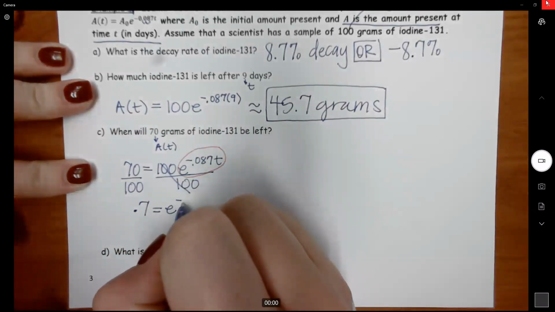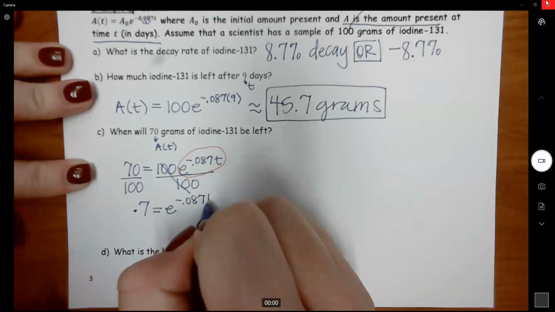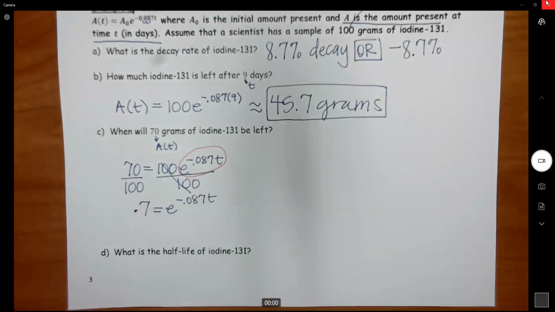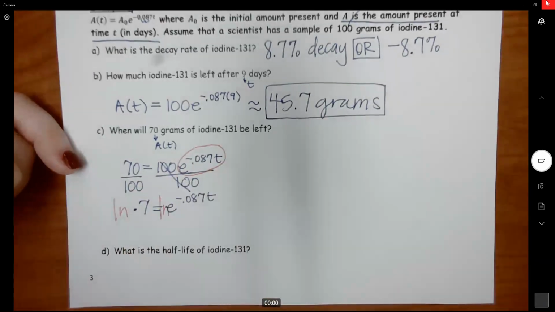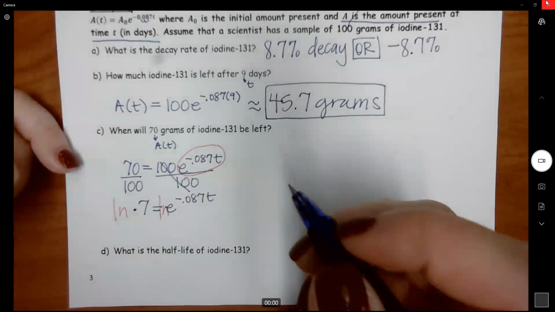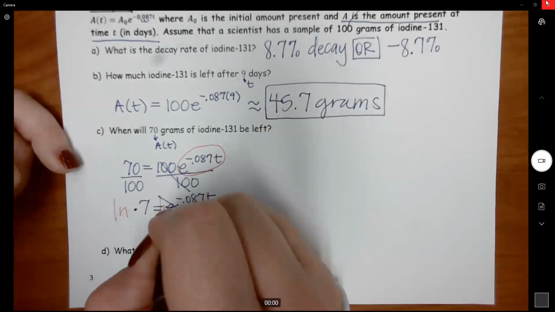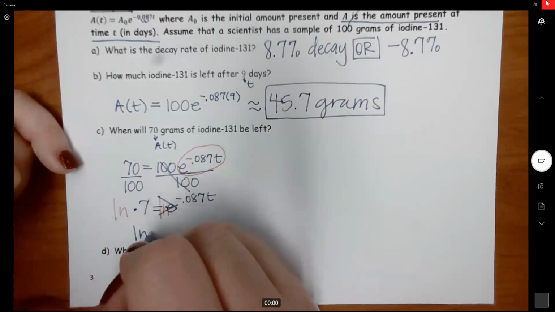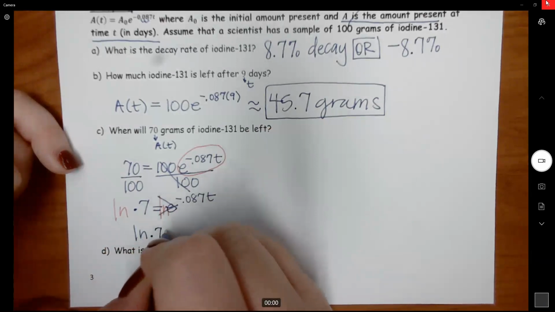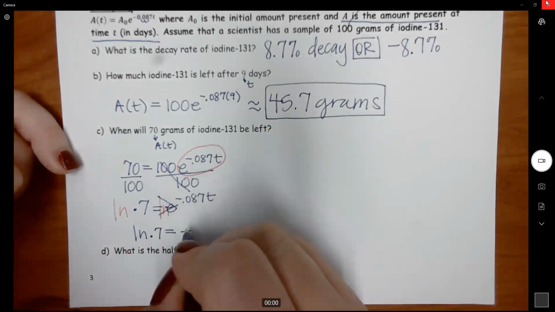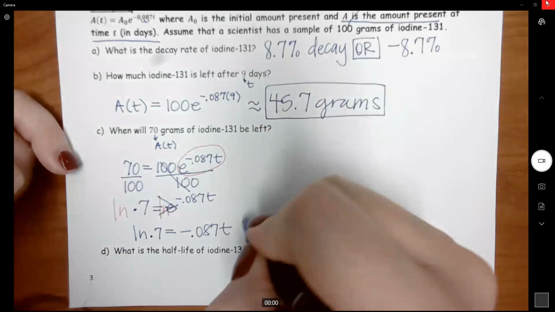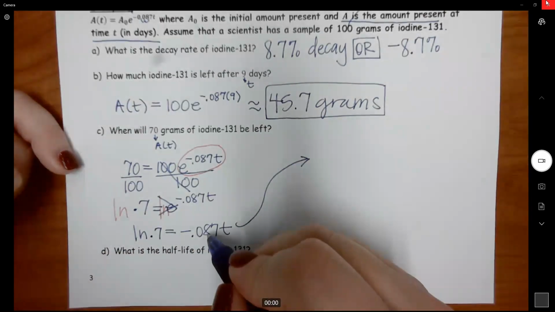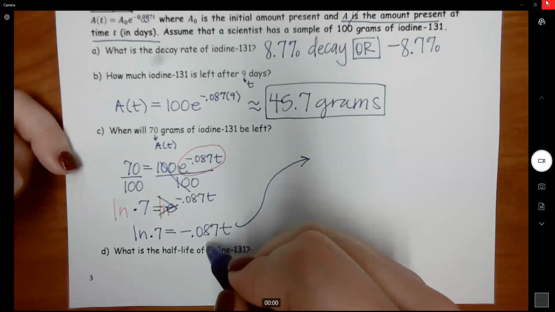Equals e to the negative 0.087 t. I'm solving for a variable in the exponent position, so I need to get rid of this. And so the opposite of an exponent with a base e is to take the natural log. So I've got the natural log of 0.7 equals, now this comes down, negative 0.087 t. And so I will divide both sides by that negative 0.087.